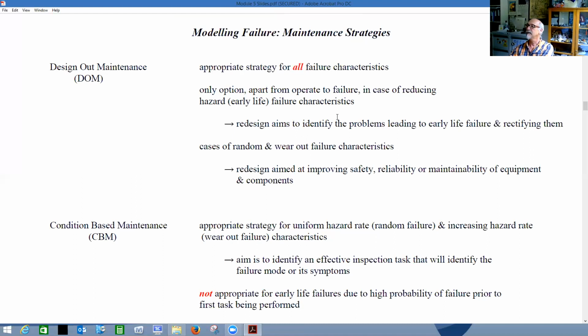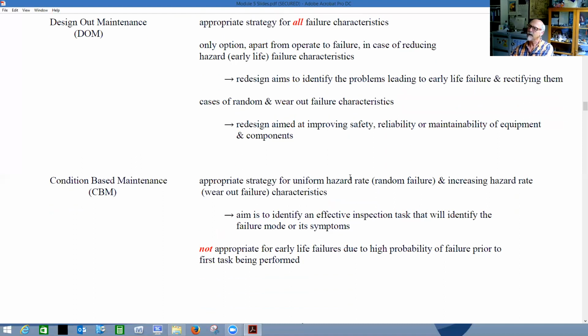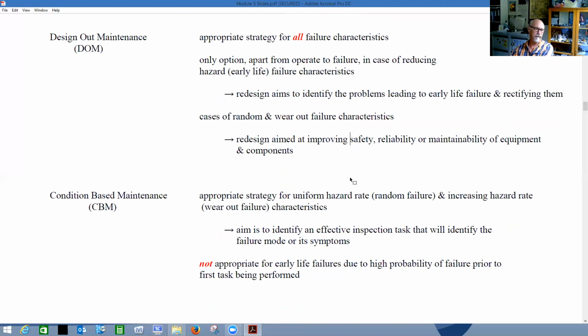The redesign aims to identify the problems leading to the early life failure and rectify them. For the causes of random and wear out failure characteristics, redesign is again aimed at improving the safety, reliability, or maintainability of the equipment and the components. So what you're trying to do is cut the problems out before they even begin.